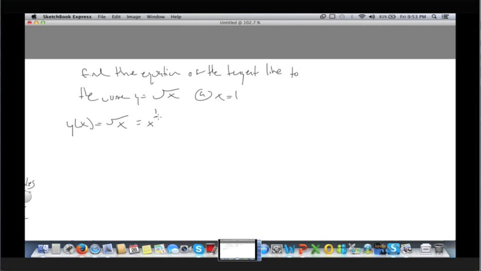Which equals x to the one half. And find the slope, plug in x equals 1 into the derivative, and divide this one, and 0.5.